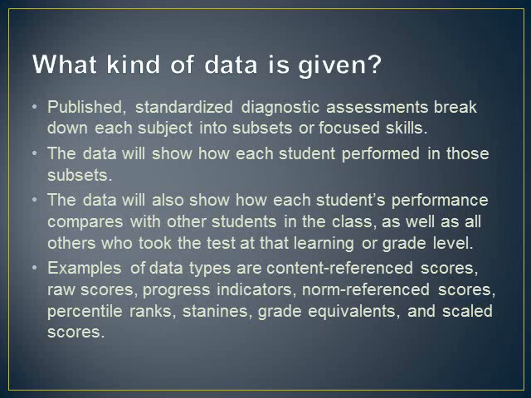The data may also be sorted into other categories, such as these that are listed here: raw scores, progress indicators, scaled scores, etc. And this gives the teacher the ability to examine the data from different statistical points of view.